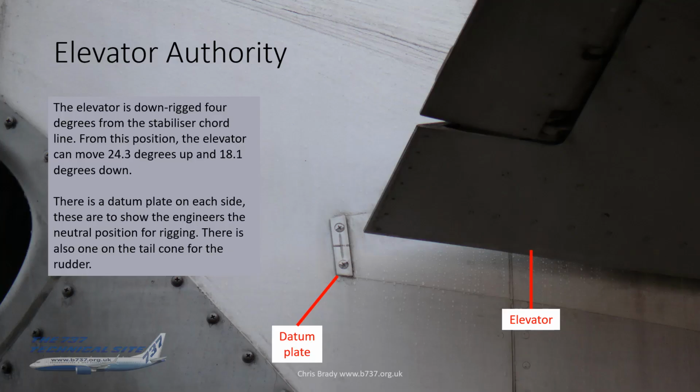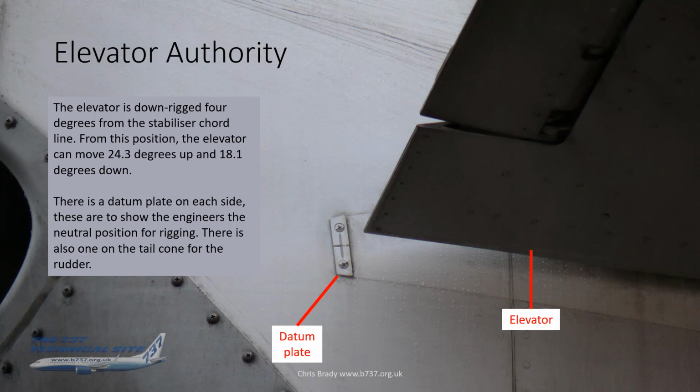On to elevators. The elevator authority we'll talk about first. Now, the elevators are down rigged 4 degrees from the stab chord line, so they droop. And that gives the whole stab and elevator more camber, which gives it a little bit of lift, which probably answers some of the earlier questions you had about the negative camber on the stab itself.